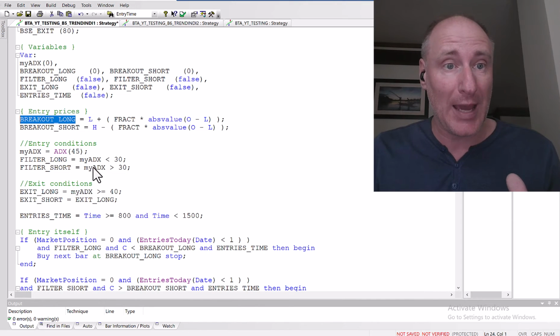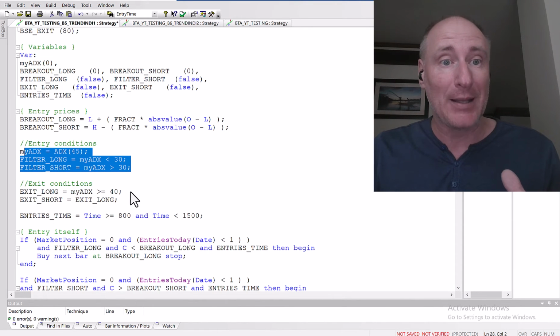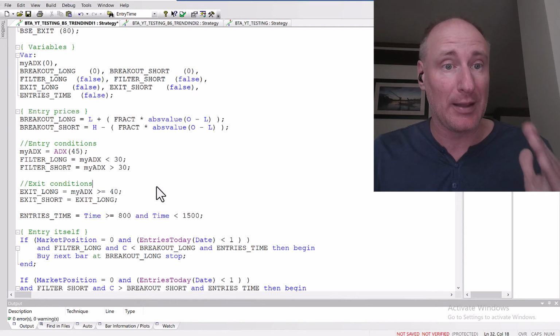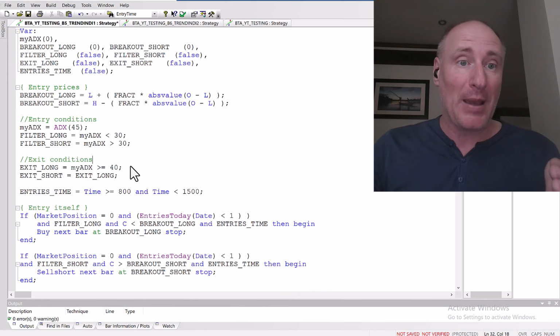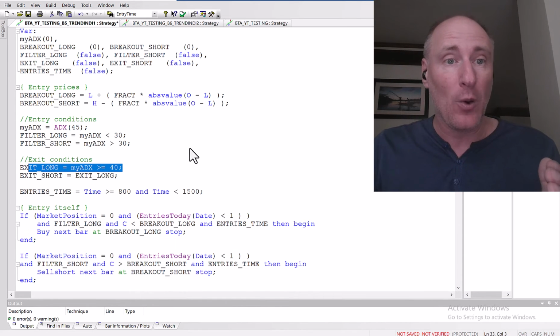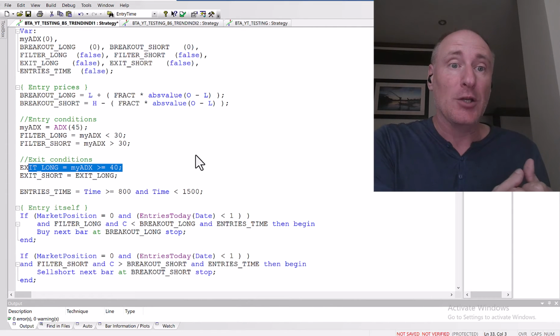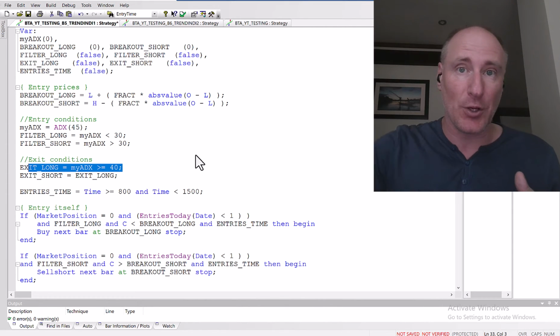So that's how we use the ADX filter for entries, but then we also use it for exits. Not often, but this is another very neat way to use the ADX as an exit. Basically, you exit the trade whenever the trend is already so strong that it's probably exhausted.